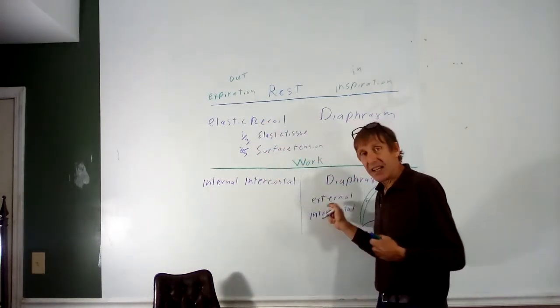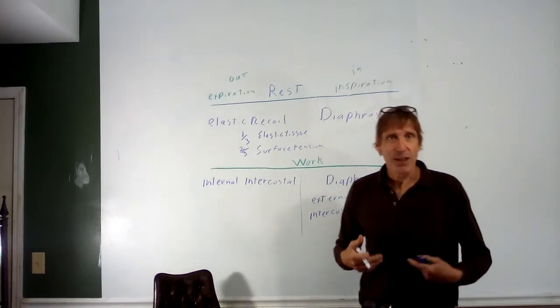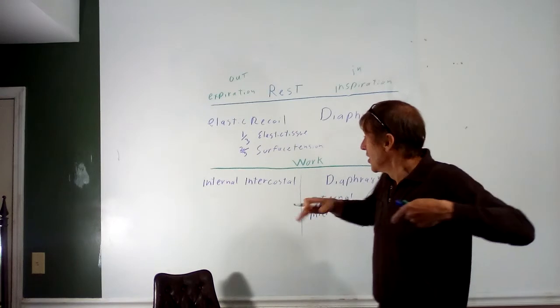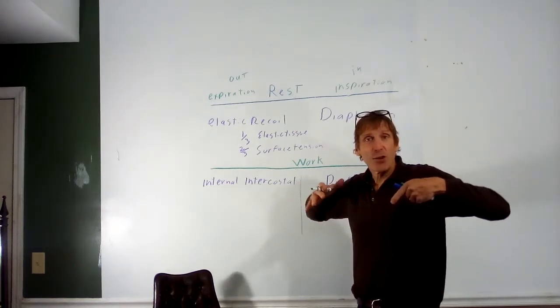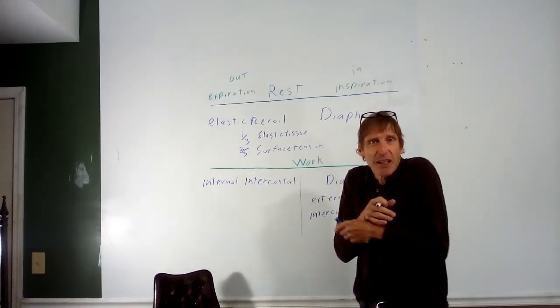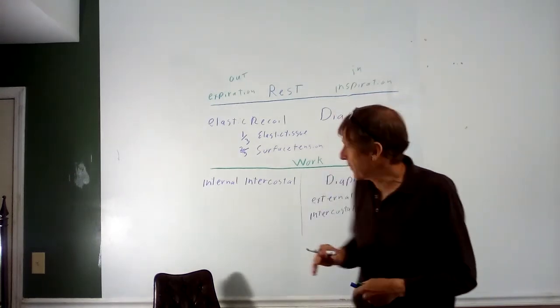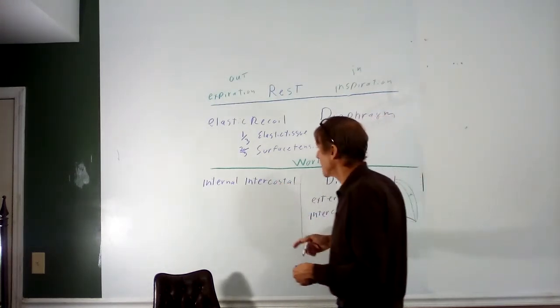They are just antagonistic to the external intercostals. So the external intercostals push the ribs up, increase the volume of the chest. When you exhale, the internal intercostals just push the ribs back down, push the sternum in, and kind of squeeze on the lungs, like squeezing on a balloon to get the air out faster. So those are for expiration at work.